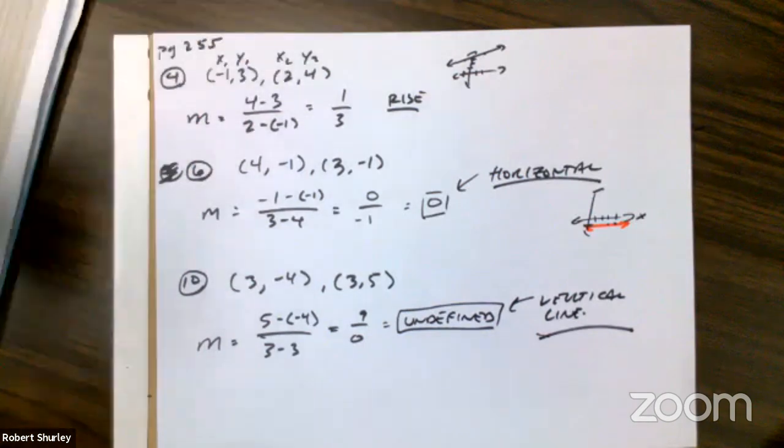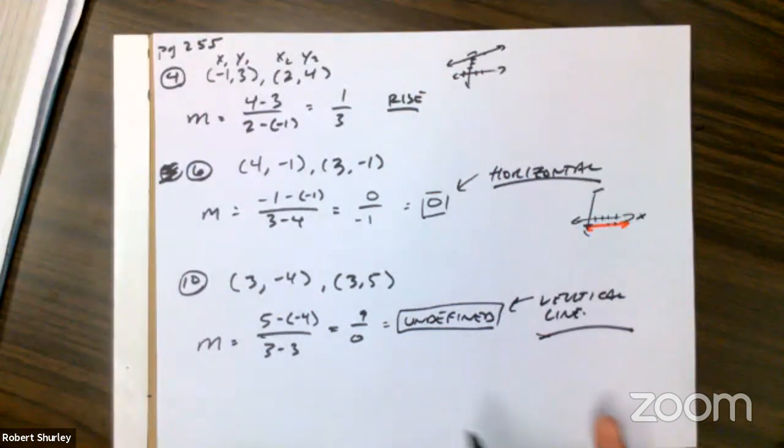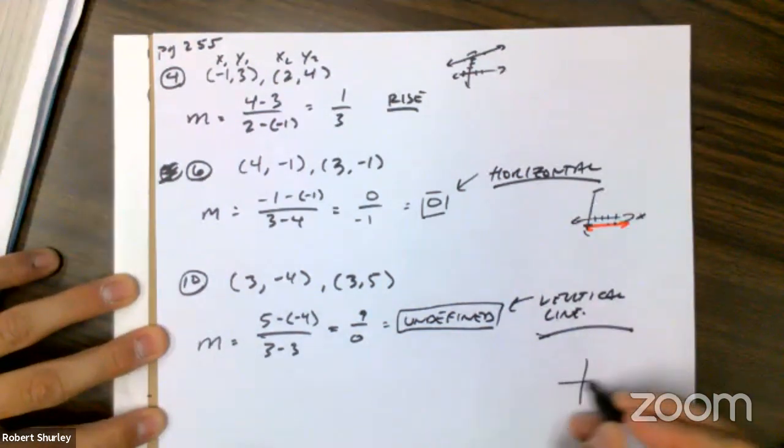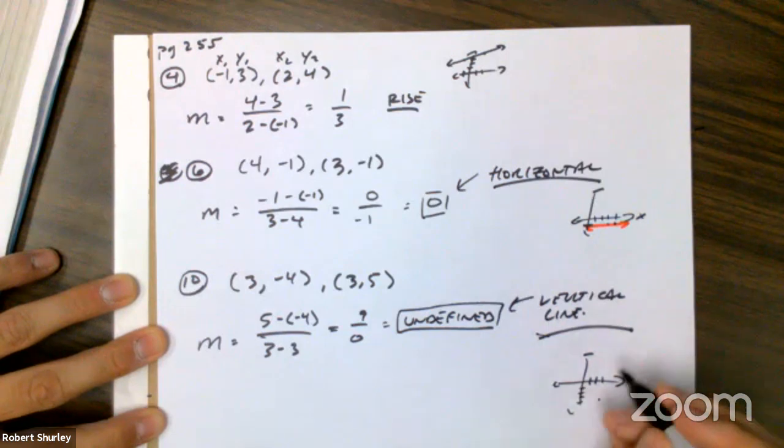And I'll tell you, we don't have to worry too much about this moving forward, because if you're looking at your book, you can see that this section's on linear functions and slope. And the issue is when we have a vertical line, say 3, -4, and then 3, 5, we get this nice vertical line right here.